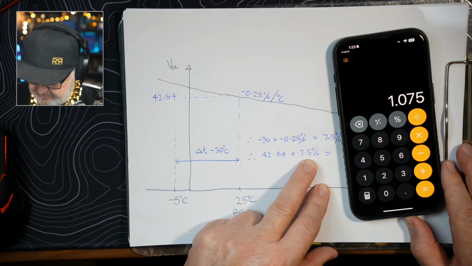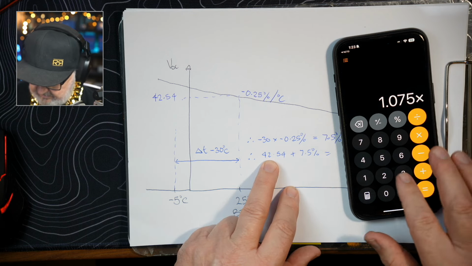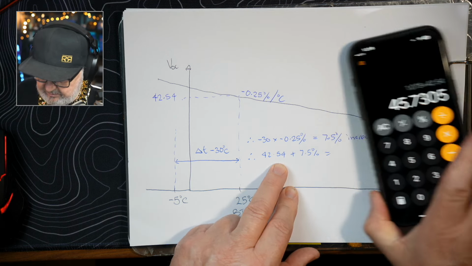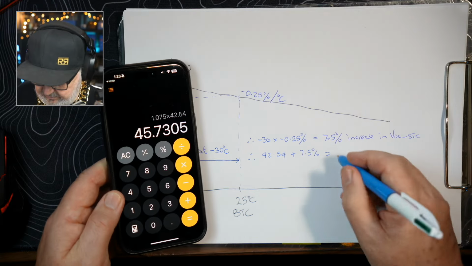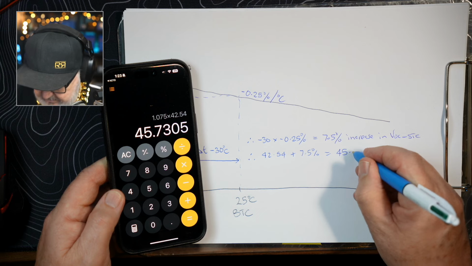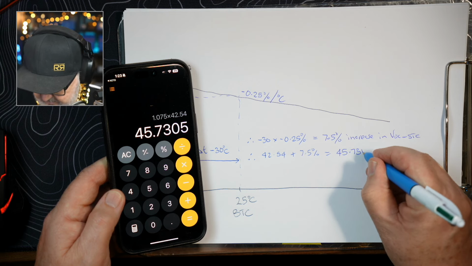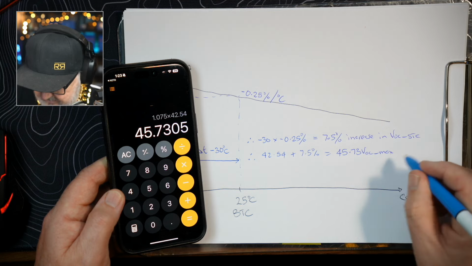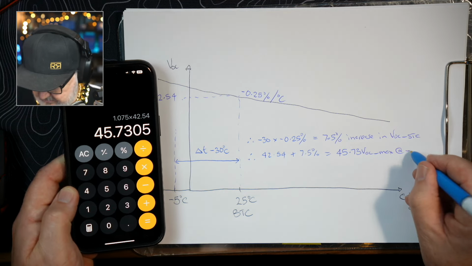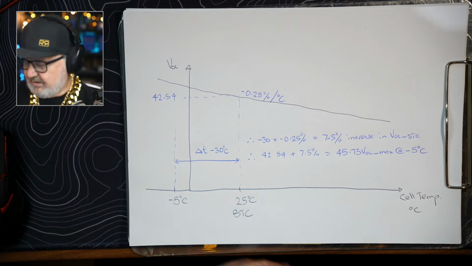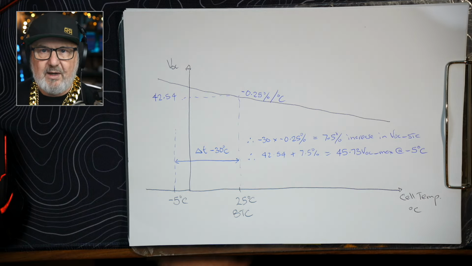That's 7.5% times 42.54. So it goes up to 45.73 volts open circuit, and we call that open circuit max. And in this case, it's at minus 5 degrees Celsius. So there we go. We just calculated that number more accurately.